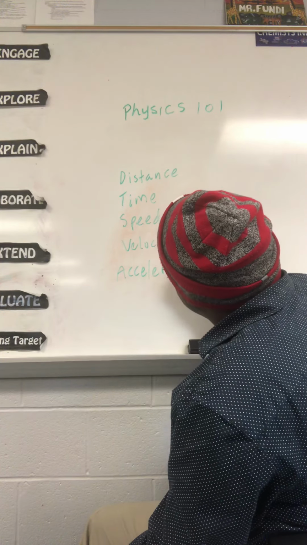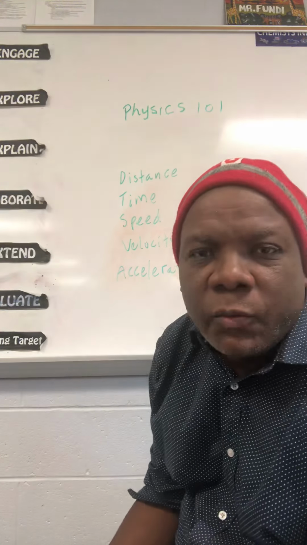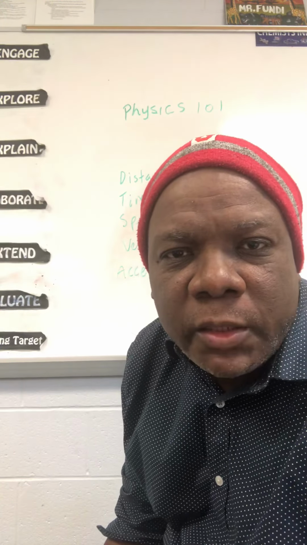Those variables will be discussed when we talk about 1D motion. They're the same variables that we'll talk about when looking at 2D motion, but we're going to look at them differently than when we are talking about just 1D motion.